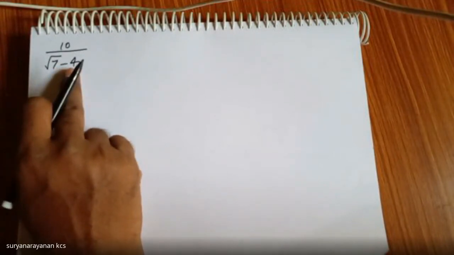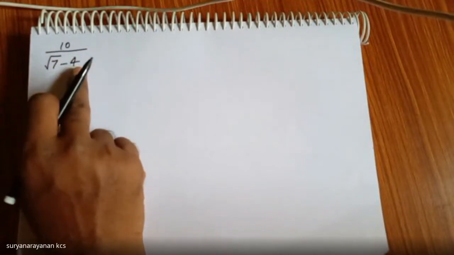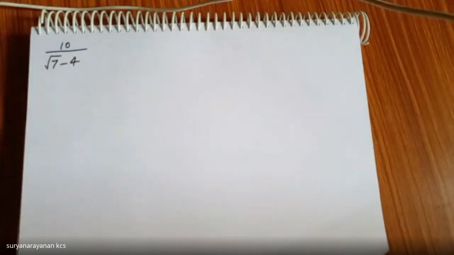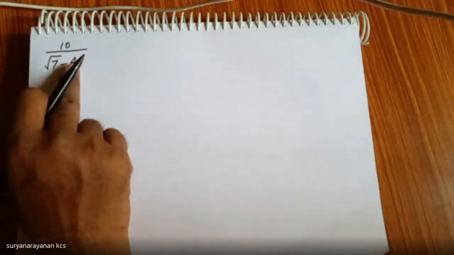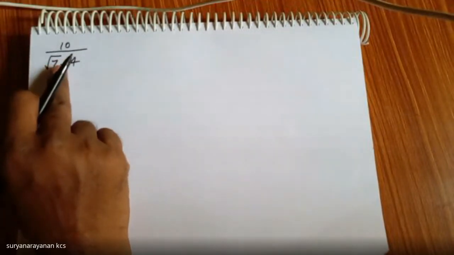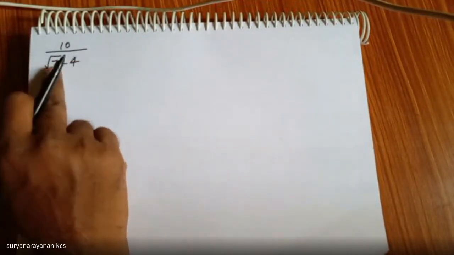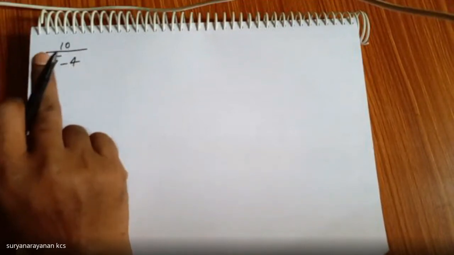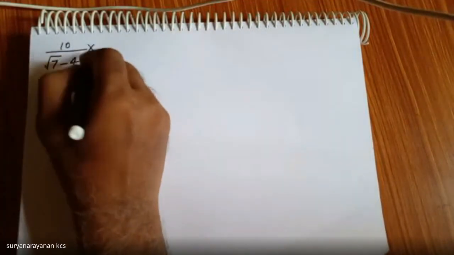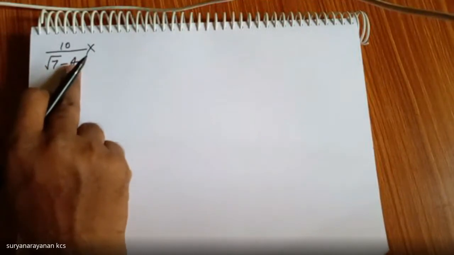By multiplying the numerator and denominator. First of all, we have to identify which irrational number is suitable to make the denominator rational. Previously, I told you, if there is a minus sign in between, just change its sign. Keep it plus. Now, can you tell me what is the rationalizing factor of this number?